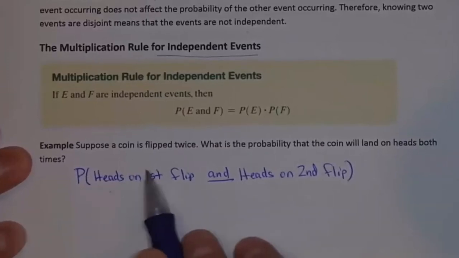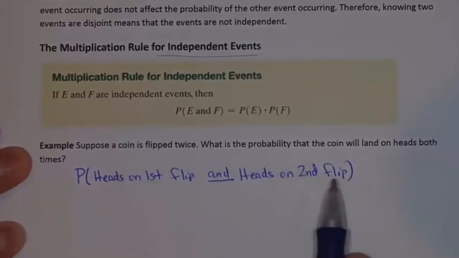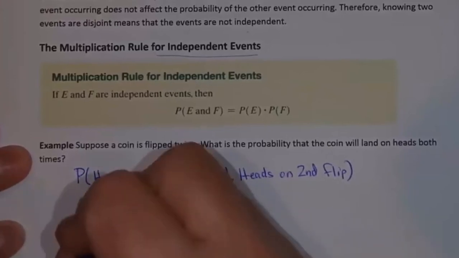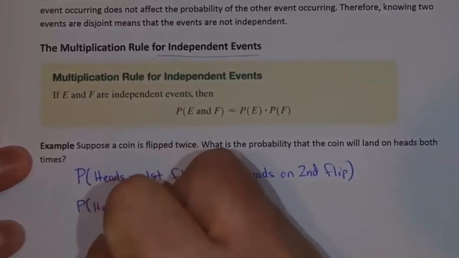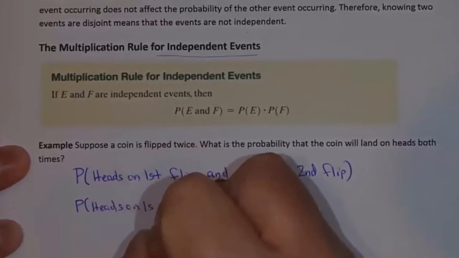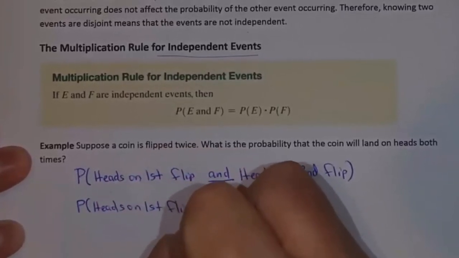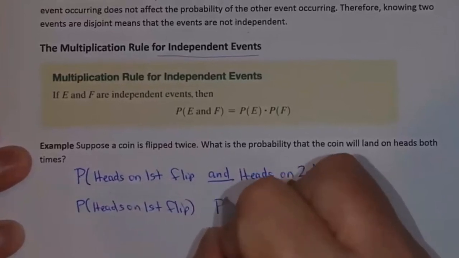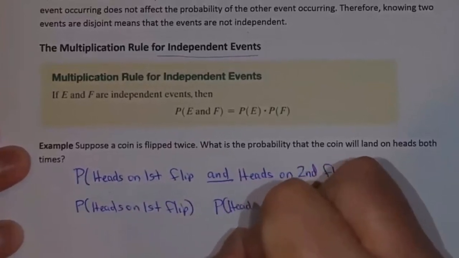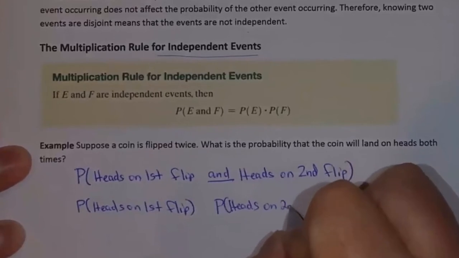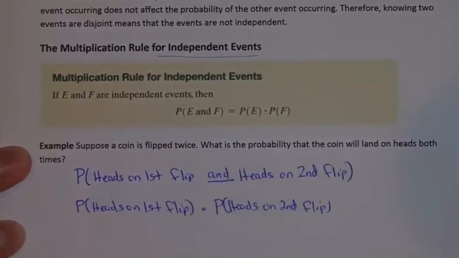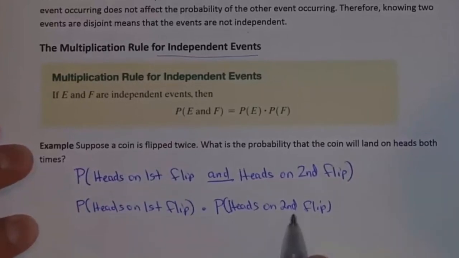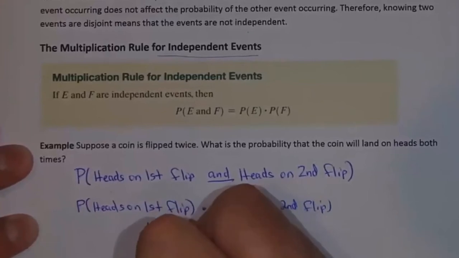Since the first flip and the second flip are independent of each other, I can find this probability just by finding the probability of heads on the first flip, finding the probability of heads on the second flip, and multiplying those two things together. Well, the probability of heads on the first flip is 1/2.